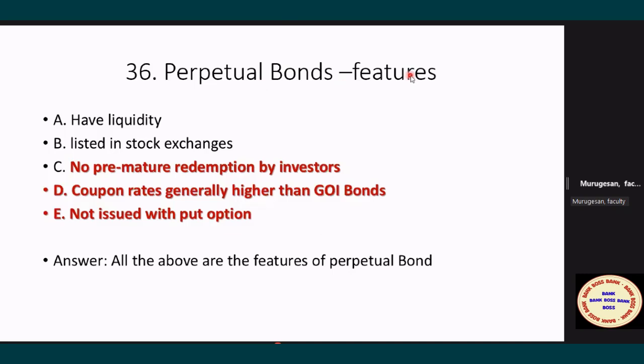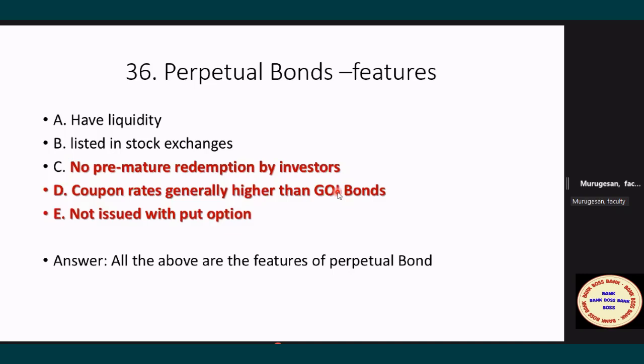Perpetual bond, what are the characteristics, the features? It has liquidity. It is tradable; it can be traded in the market and is listed on stock exchanges. There is no premature closure by the investor; the investor cannot exercise any put option. The coupon rate is generally higher than Government of India bonds.